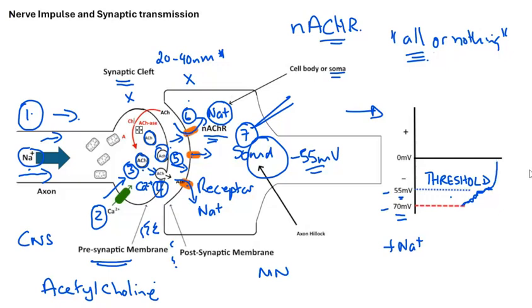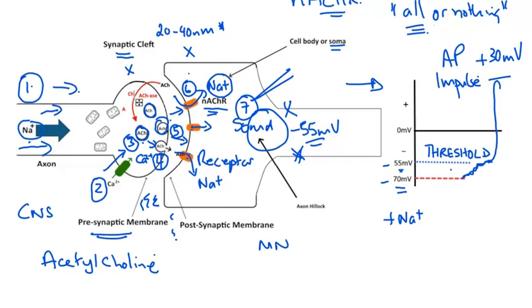The charge will go up radically and very, very quickly to plus 30 millivolts, like so. And that's the action potential, the nerve impulse, which we have been looking to explain the beginning of. And that would be occurring in this location here, like so. So this is how the nerve impulse is actually initiated.